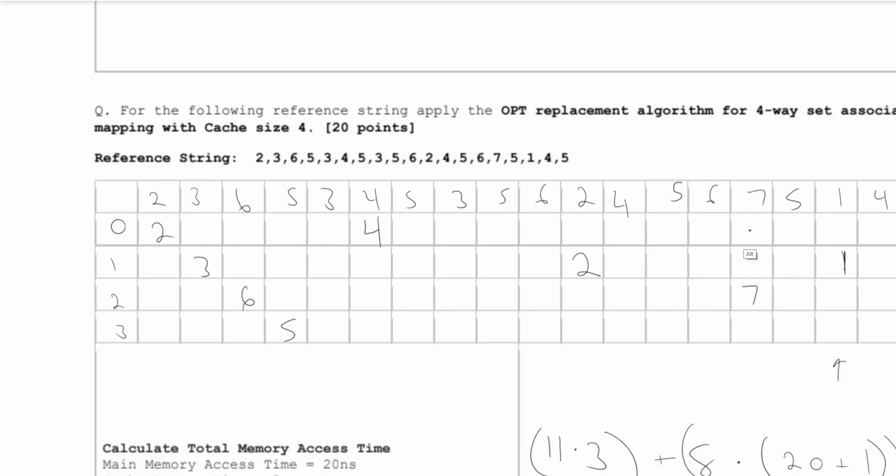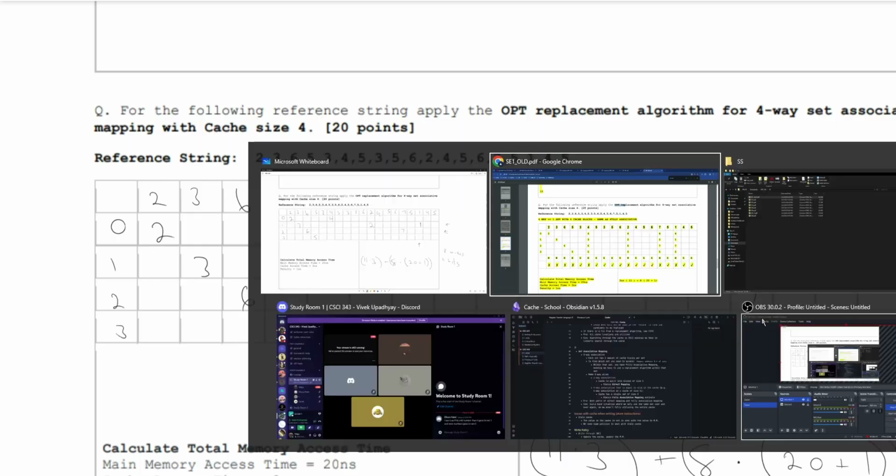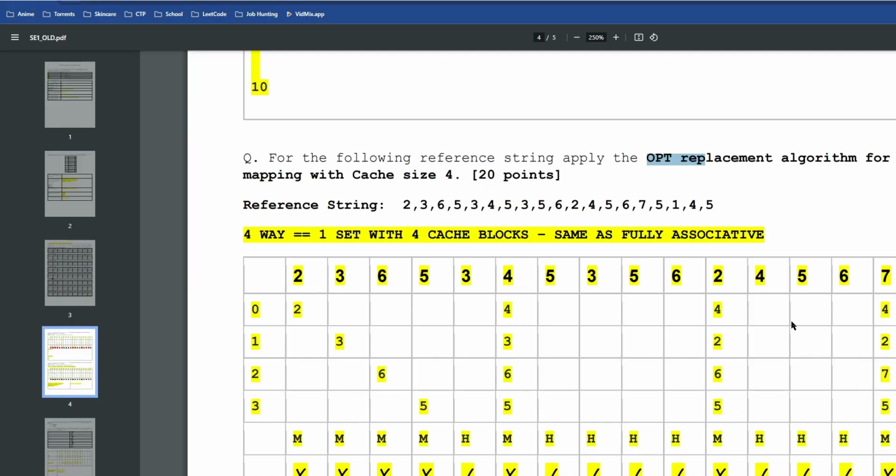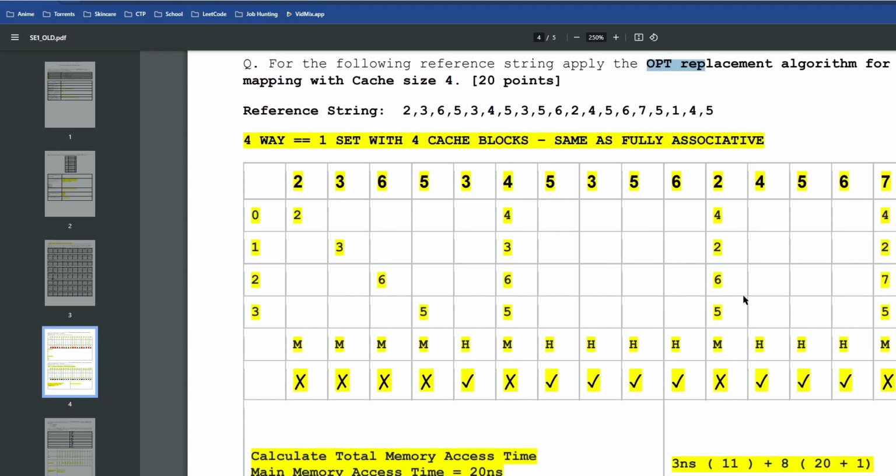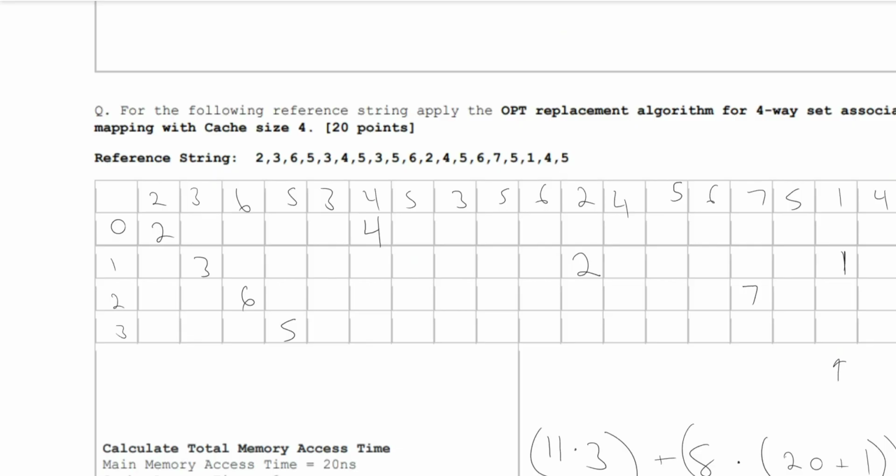Yeah. Okay, looks like it's right. And then, yeah, 3 nanoseconds times 11 plus 8 times 20 plus 1. Okay. So for OPT, basically, you have to look ahead for however many the size of your cache is, and then see which ones you do use that are already in your cache, because you want to make it so there are as few misses as possible.